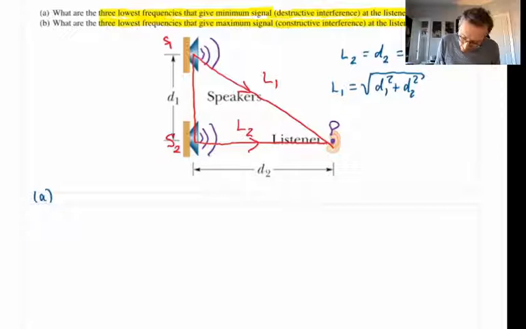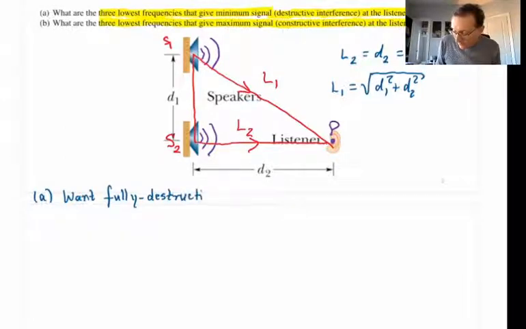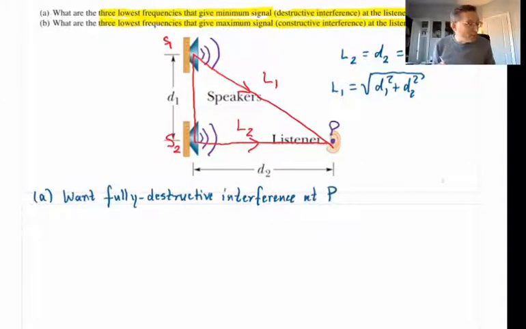So we want fully destructive interference at point P. I'm going to start with the condition for fully destructive interference that I wrote down in the learning objectives.